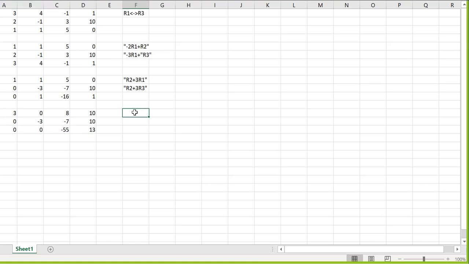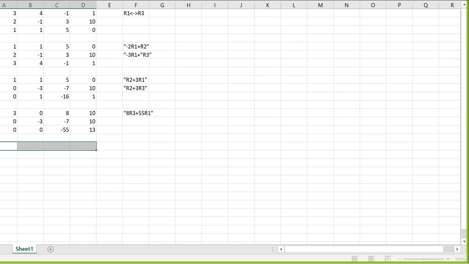So if we come over here, we can do 8 times row 3 plus 55 times row 1 to replace our row 1. To do that, remember, we come down, we select our region here, so we group select that entire 4-cell row, and then we come up here, we put our formula in.